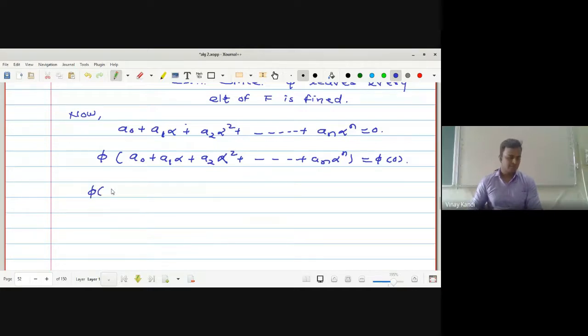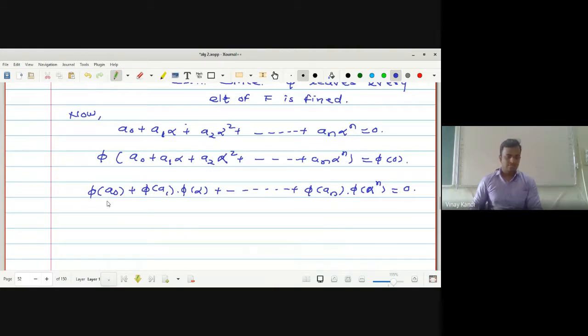That means phi of a naught plus phi of a1 into phi of alpha, plus up to so on phi of an into phi of alpha raised to n is equal to phi of 0, which is 0.